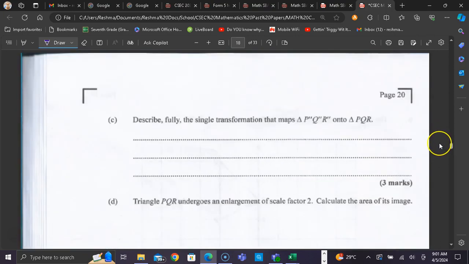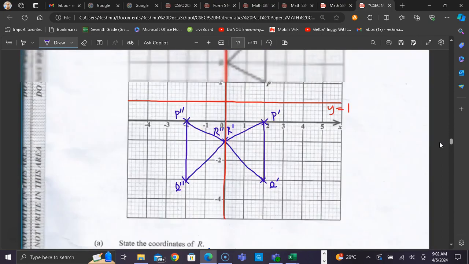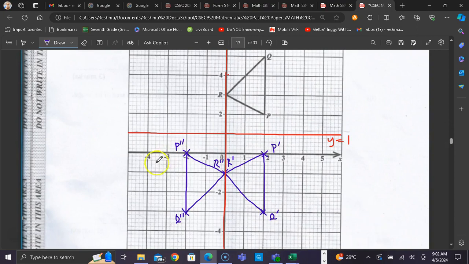Let's look at part C. Describe fully the single transformation that maps triangle P''Q''R'' onto triangle PQR. This is a tricky part because we want to know what transformation maps this triangle onto this triangle. It's not a translation because if we look at the orientation, the triangle is flipped around.